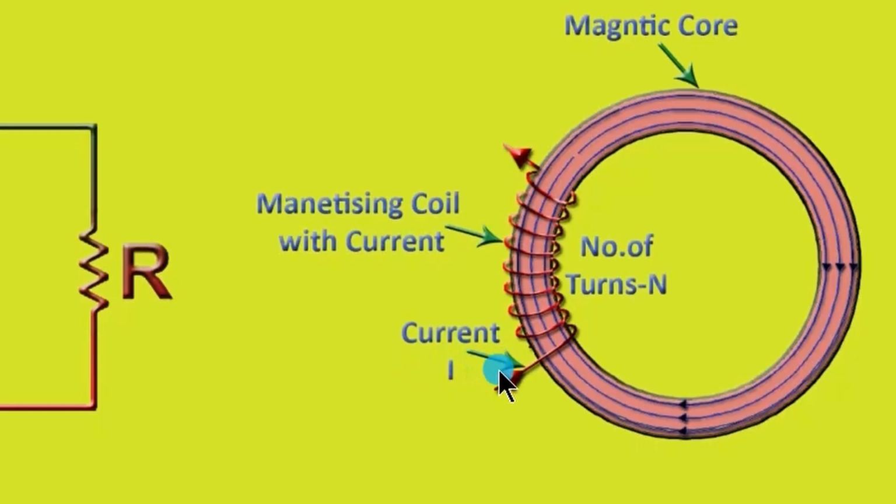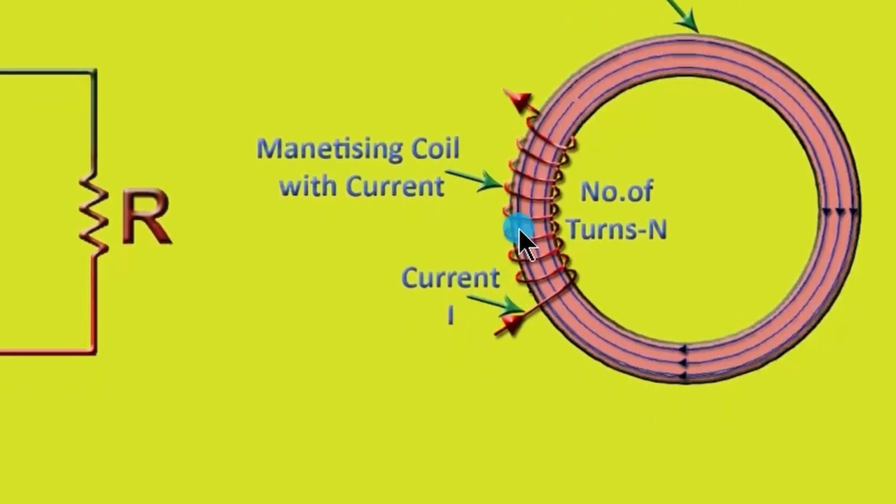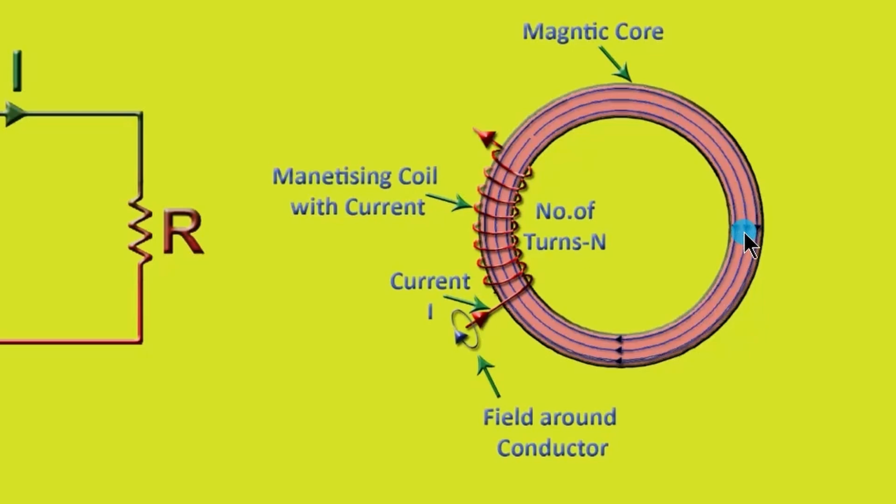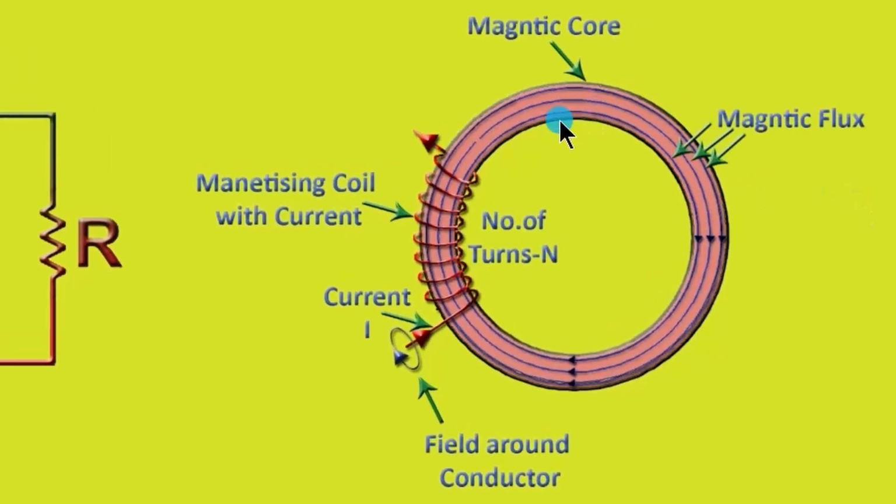If a current I is passing through that coil, a magnetic field is set up around it, which in each turn gets added up and flows through this magnetic core, or a magnetic flux is set up in the core.